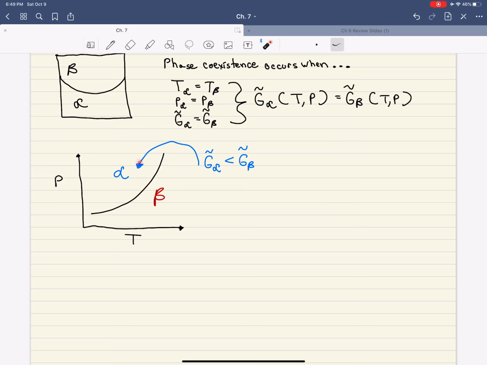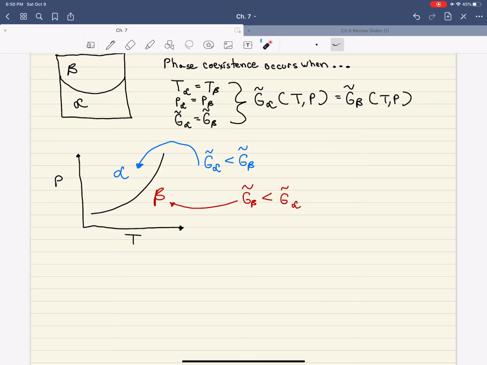So if you're in this region, at this pressure and temperature range, G alpha ends up being lower than G beta, so the system only exists in the alpha phase. Similarly, in the beta region, at those pressures and temperatures, G beta ends up being less than G alpha.